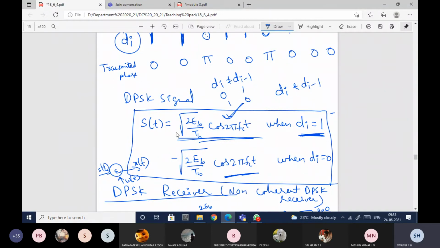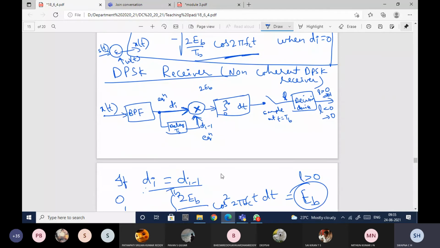In any case, this equation and this equation will get multiplied with each other, so that I'll have minus E_b as my L value. So square it, integrate it and sample it, and you'll get a negative value. When L is less than 0, the decision will be taken in favor of symbol 0. So this is all related to the DPSK receiver.